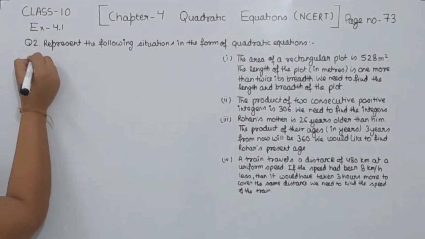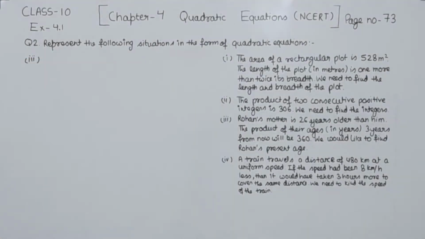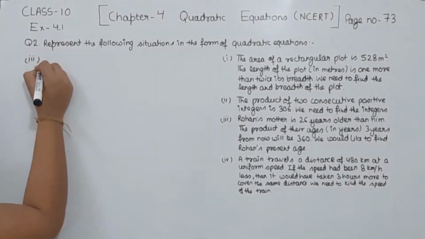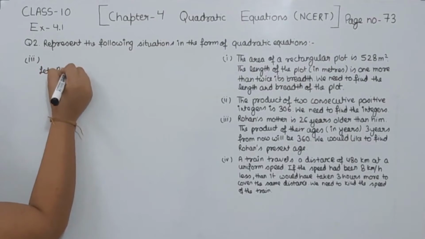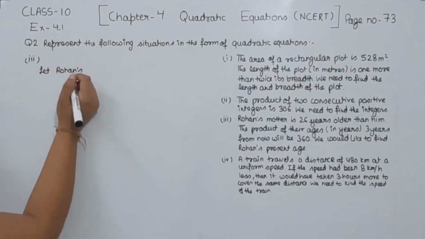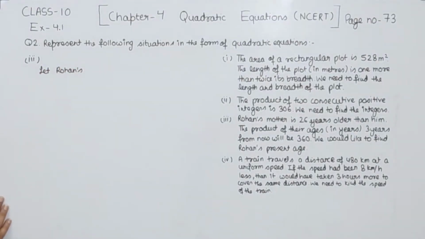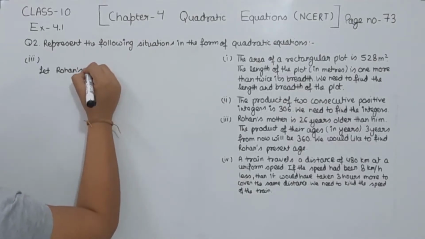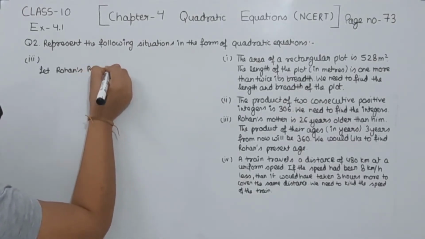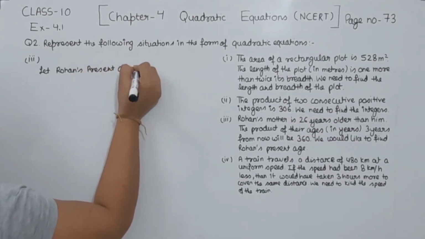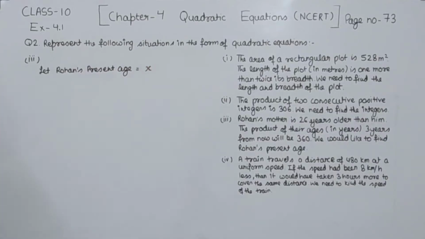Rohan's mother is 26 years older than him. The product of their ages in the years 3 years from now will be 360. We would like to find Rohan's present age. So first of all we are going to let Rohan's present age be equal to x.